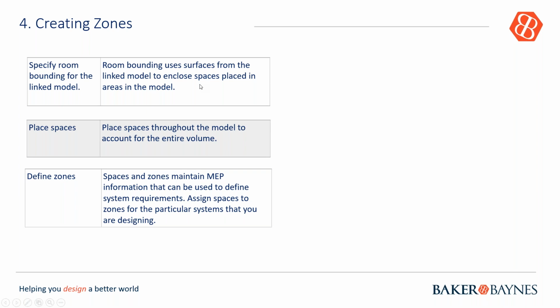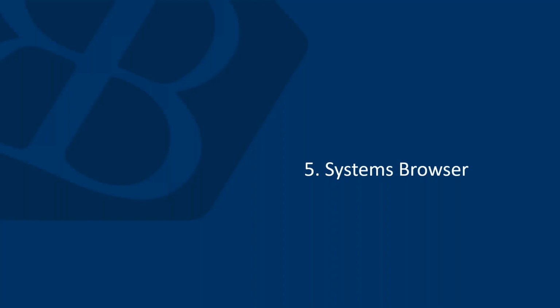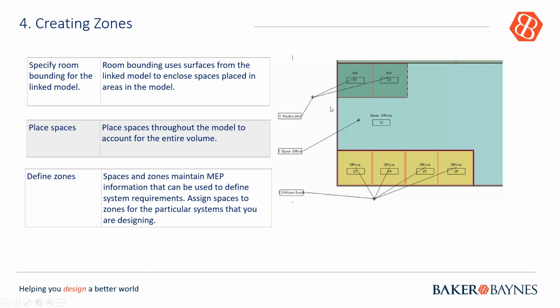And when you assign spaces to zones, that's for the particular system that you are designing, right? When we're talking about creating zones, it's basically to prepare to compute your heating and cooling loads.